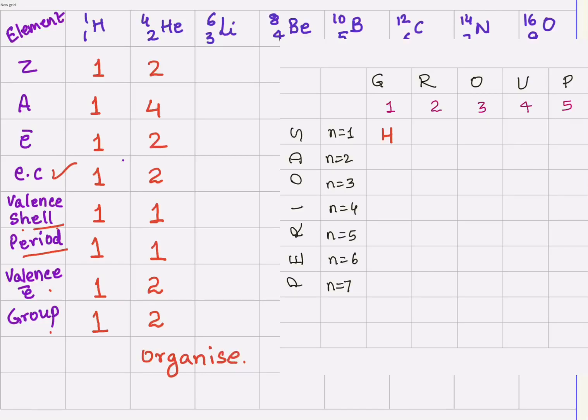And there is periodicity in the behavior of elements. So helium, we will see later, does not belong to group 2. Where does it belong? It belongs to group 8, or 18 in the modern periodic table.